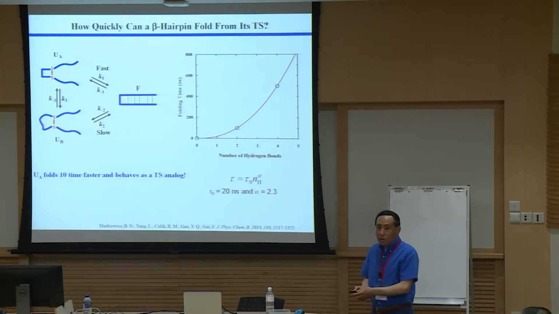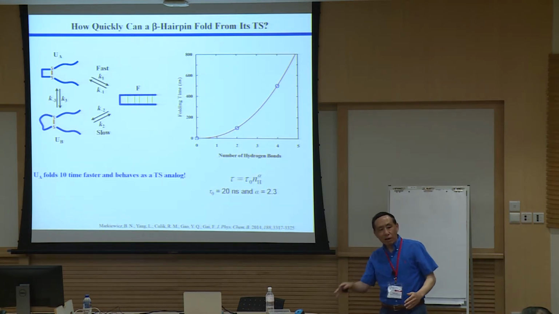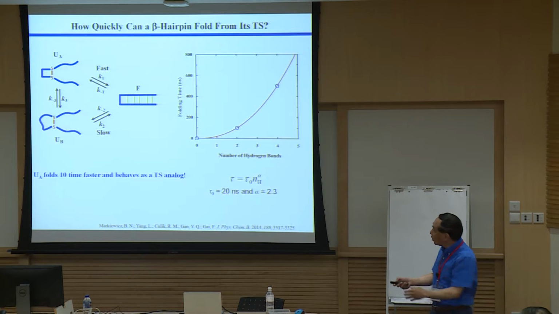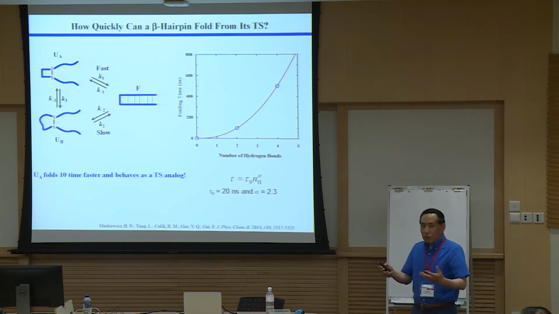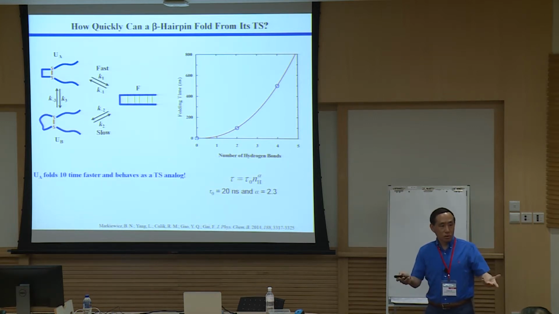As I told you earlier, once you populate the transition state for the uncross-linked variant, it is already at the top of the barrier, so it would fly down the downhill side of the free energy barrier, generating the folded state. But for this other one, even though you have the cross-linker, the turn is not formed. Then they just do not feel the effect of the cross-linker and move on to the folded state as if there's no cross-linker.